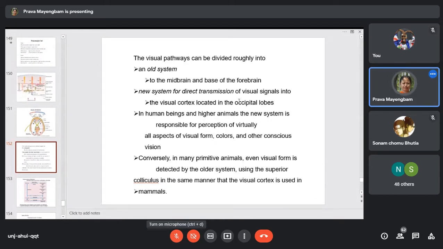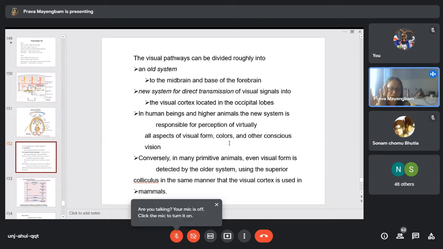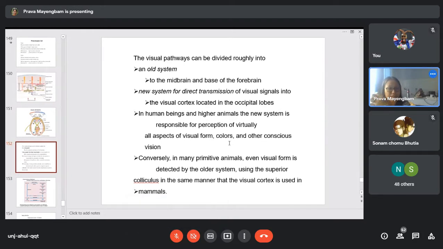This is somewhat different, but we are concerned with the higher forms of the animals. In the higher forms, the visual cortex located in the occipital lobe is going to perceive the sight, the image that will be analyzed in the visual cortex.